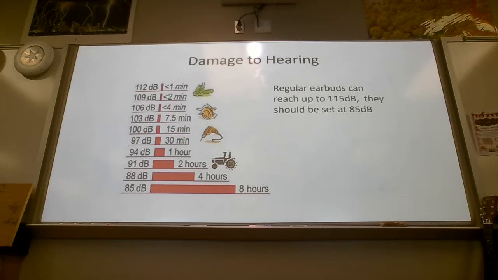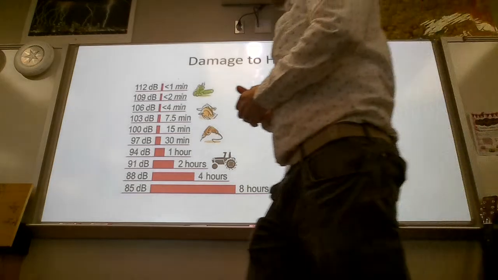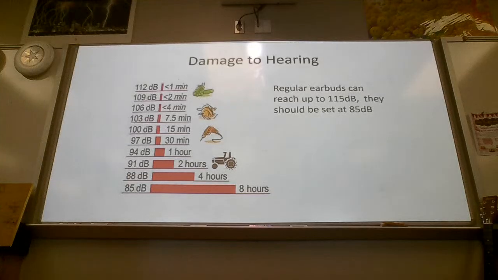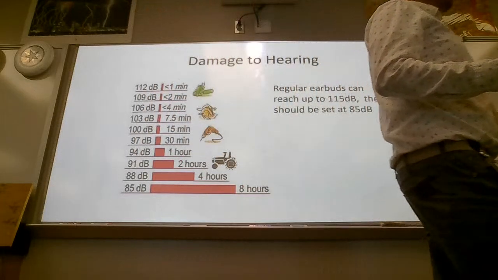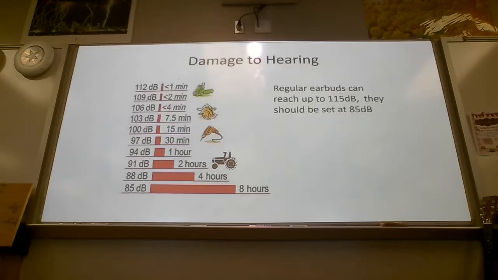But here, when I found this out, I was like, what? Not only is it a function of volume, but it's also a function of how long you're exposed to that noise. For example, lawnmowers aren't inherently loud, but if you are exposed to that for a long period of time, which everybody is when you mow your lawn, you're causing hearing damage.